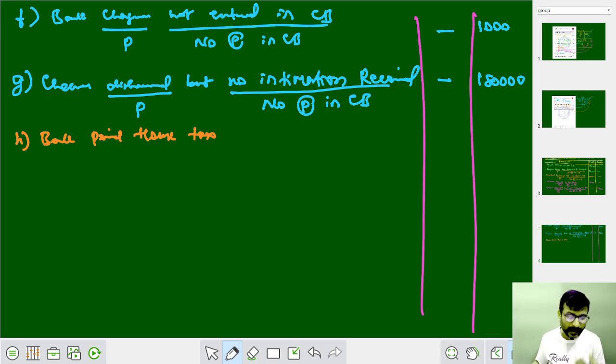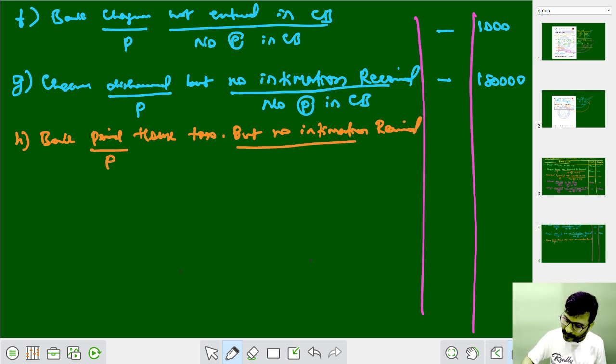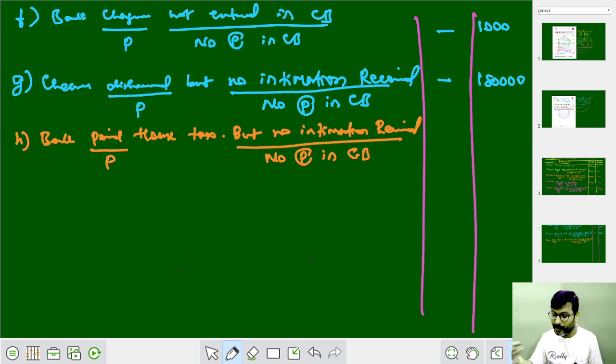So bank paid the house tax, but no intimation received. What do you mean by this? Paid means payment. No intimation received means no payment in which book? Cash book. No credit in cash book. So we have to take it on the credit side, amounting to rupees 1,75,000.